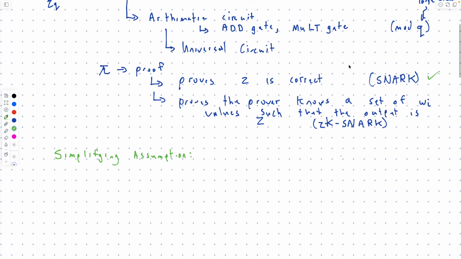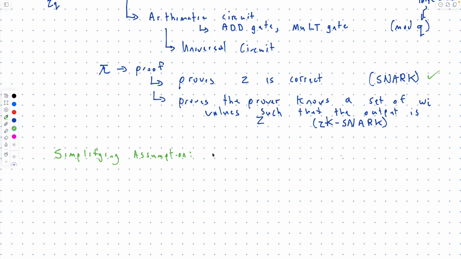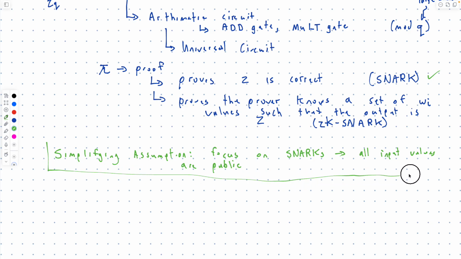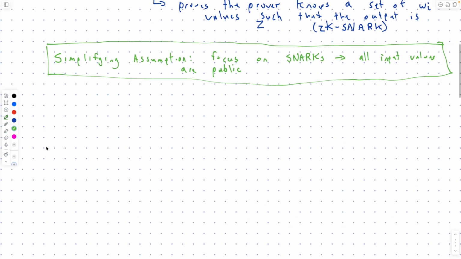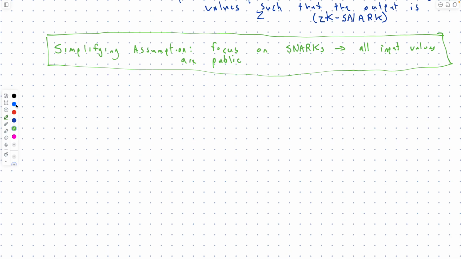But for now, we're just going to focus on SNARKs, meaning all input values are public. Okay. Then later we can revisit this, and it turns out to be a fairly simple switch to make so that you can have secret inputs, but we won't get bogged down on those details now.